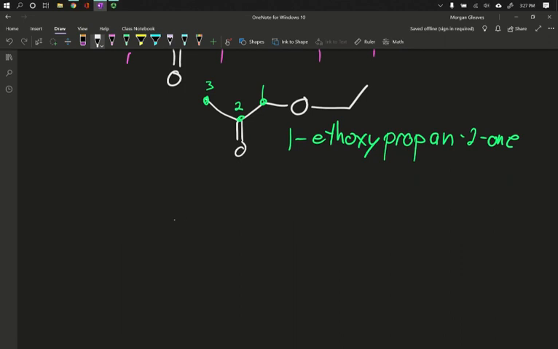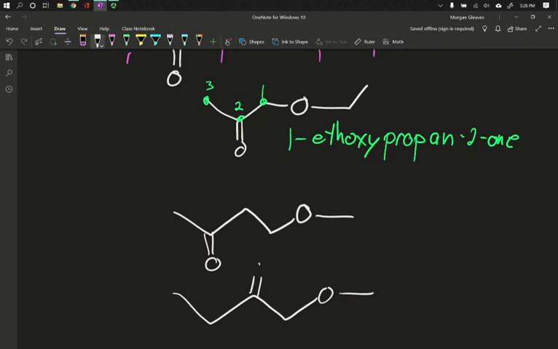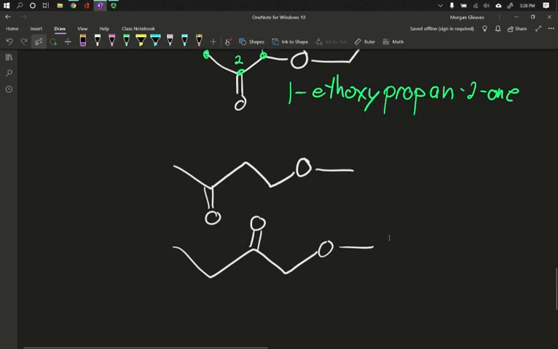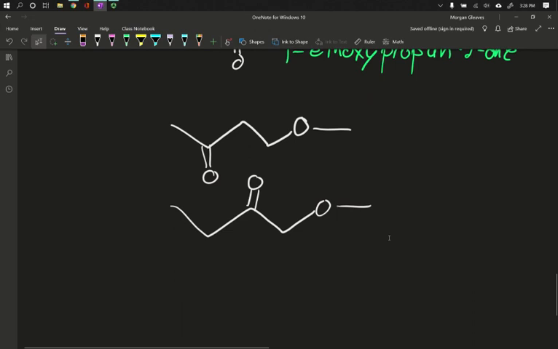And we can change the lengths of things. We can make it a methoxy with the ketone here. We could make it a methoxy with the ketone here. We can't move it one closer because then I'd have an ester.